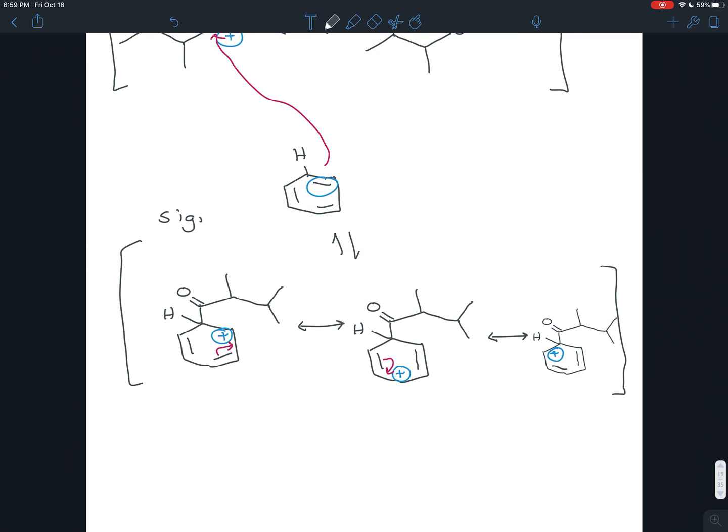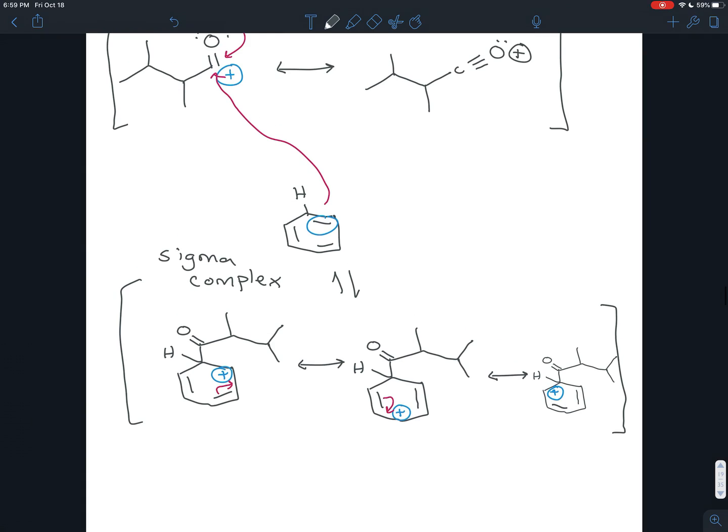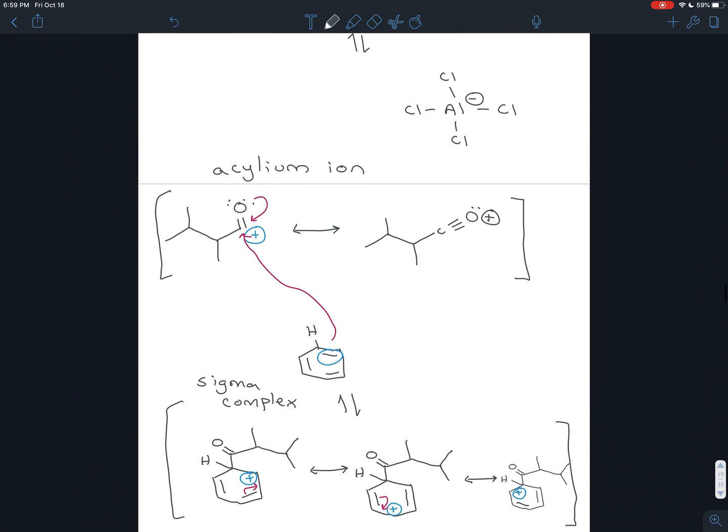So these three resonance structures make up your sigma complex, that's that resonance stabilized complex that helps lower the energy that you need to make the reaction happen. And once you've got that, you just want to restore aromaticity.